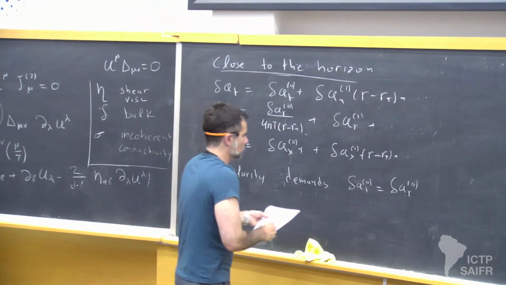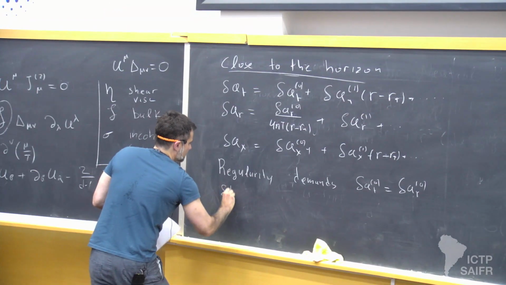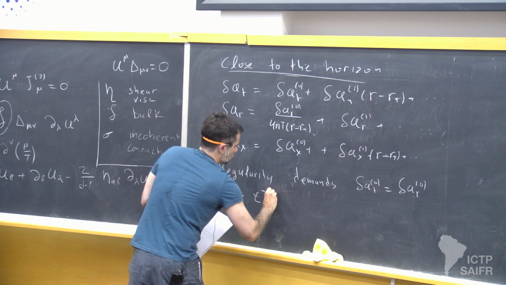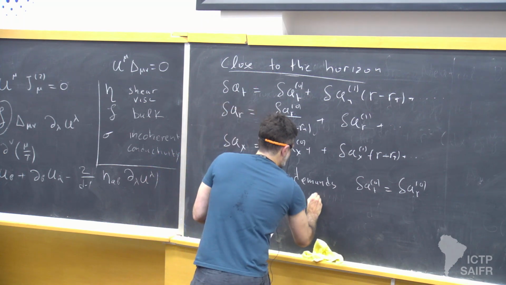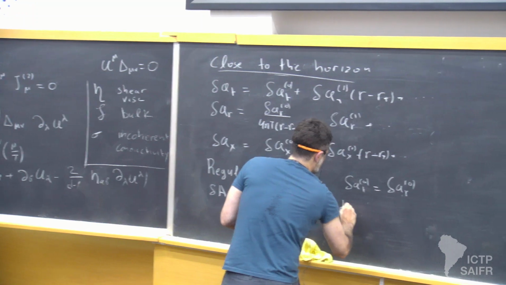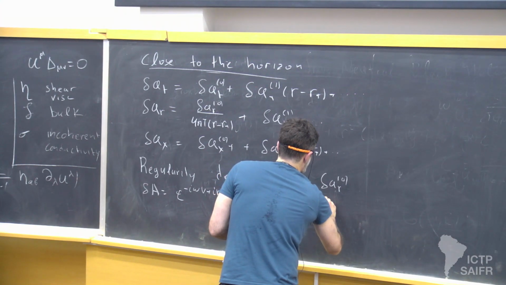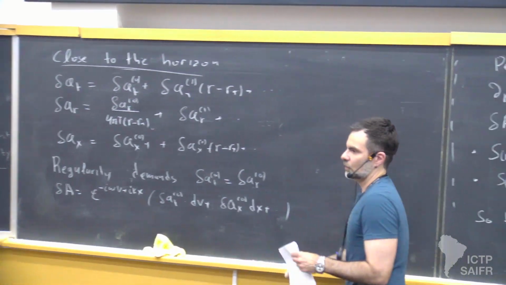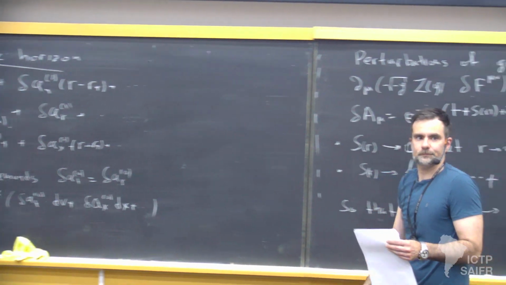And then if I look at the gauge field close to the horizon, I will have that delta A goes like e to the minus i omega v plus i k x times this number, delta A t naught, times dv plus delta A x naught dx. So this is all regular, as long as I impose these boundary conditions, okay?